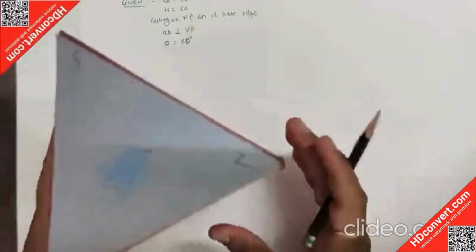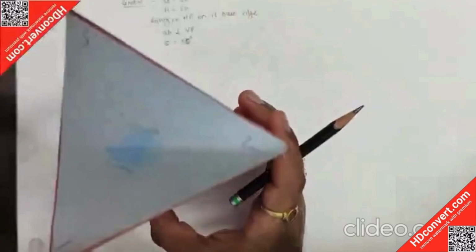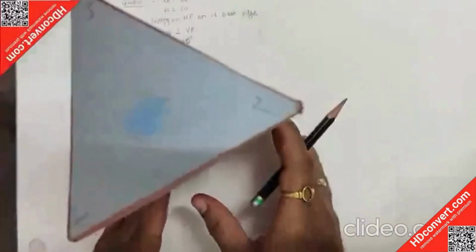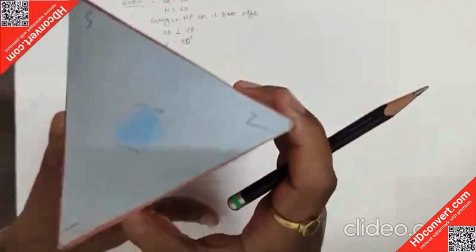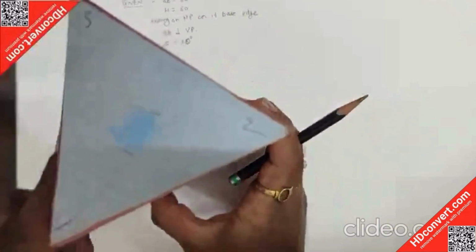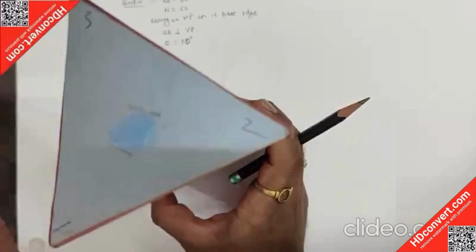First, understand this triangular prism. Imagine there is a vertical plane and a horizontal plane, and the prism rests on the horizontal plane. One side is AB, and that AB side is perpendicular to VP, that means this side must appear as a straight one, and it must come on the left side on paper.